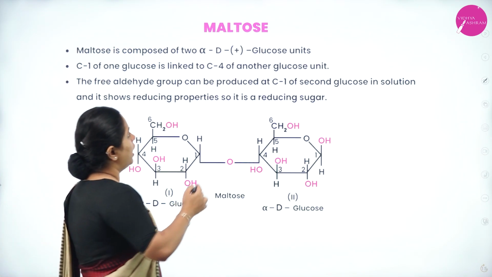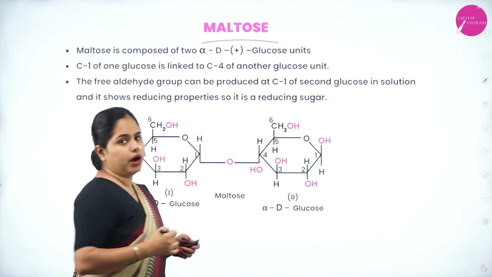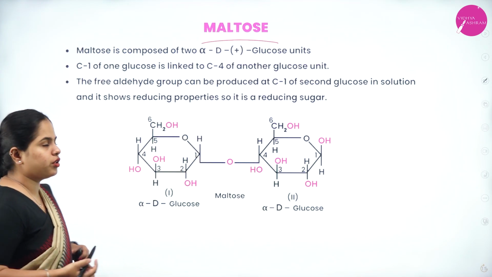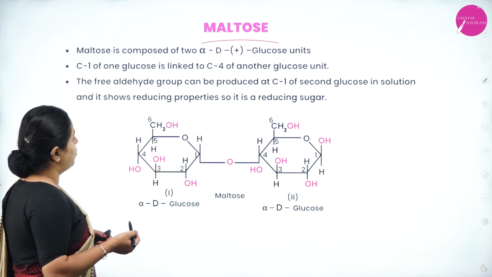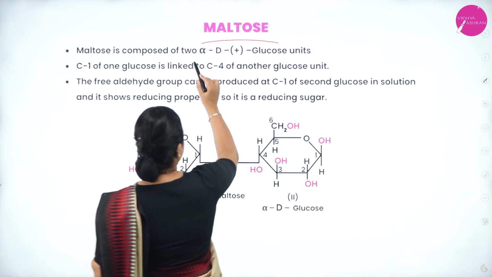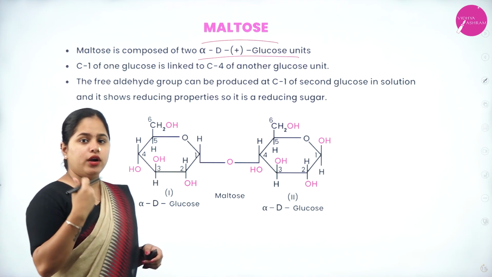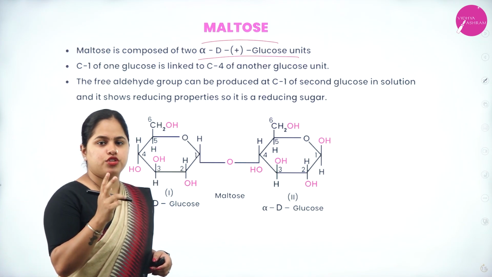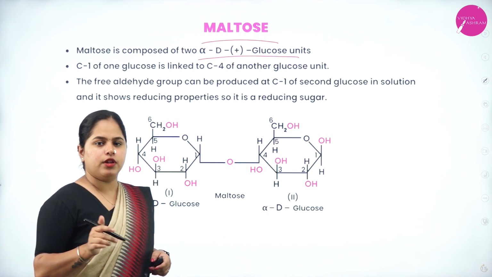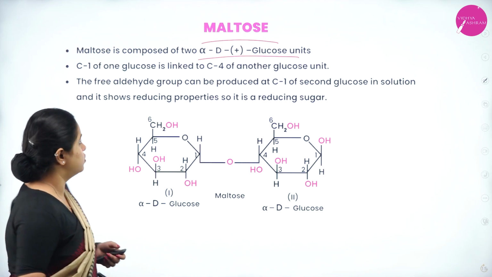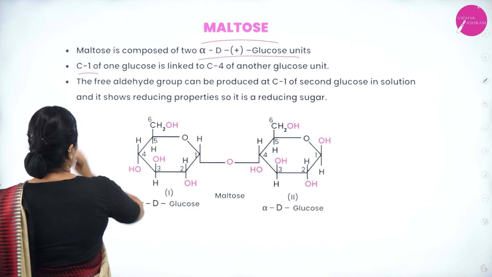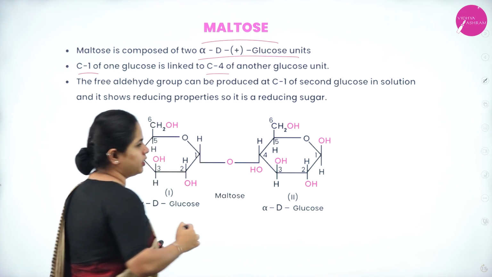Now moving on to another disaccharide, that is maltose. Sucrose is done. Maltose is composed of two alpha D glucose units, so on hydrolysis it gives two units of glucose itself. Both of them will be alpha D glucose. C1 of one glucose is linked with C4 of another glucose.